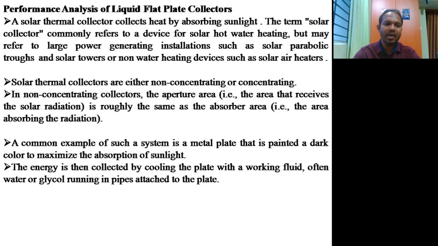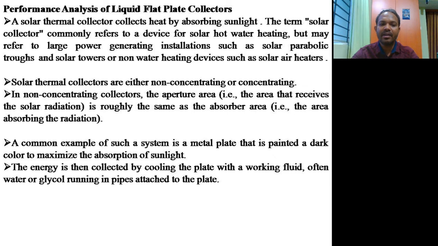So with the absence of optical concentration, the area from which heat is lost is large. This heat is lost only because of the side, bottom, and top losses, which we are going to discuss in a later part of this module. As a result, the collection efficiency is generally low.